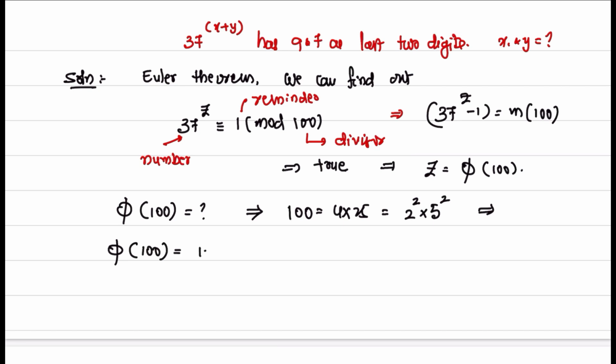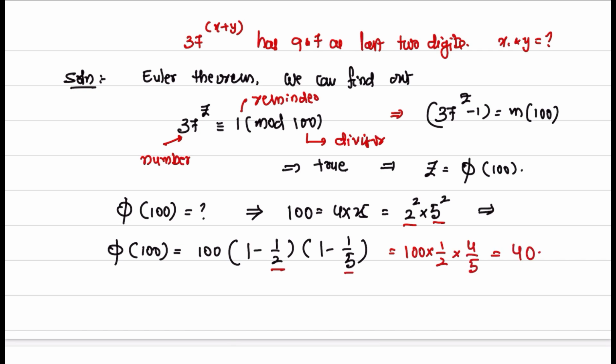It is 100 into 1 minus 1 by 2 into 1 minus 1 by 5. That means this 2 is written here and this 5 is written here. So it is 100 into 1 by 2 into 4 by 5, that is equal to 40.